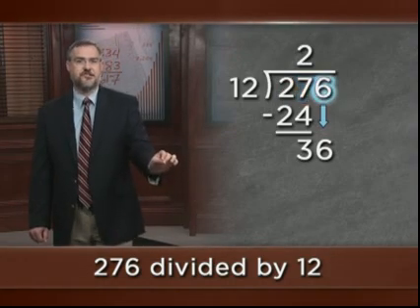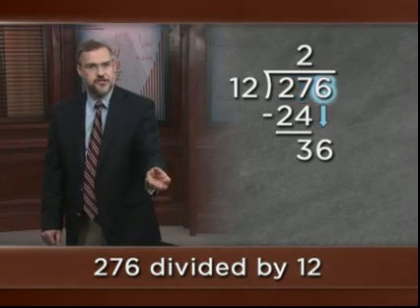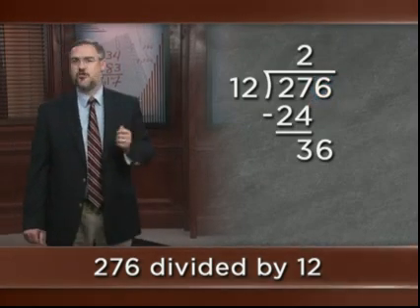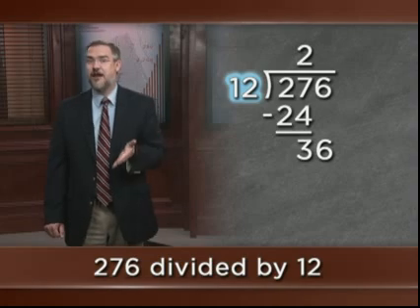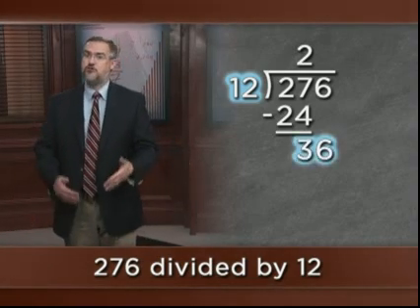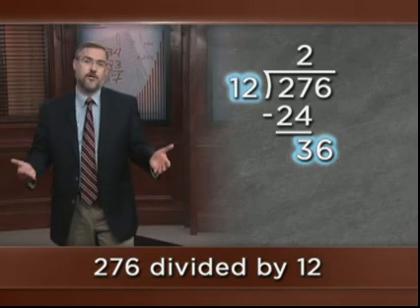We drop that 6 down, and now we have 36 at the bottom of our work, and we ask ourselves, how many times does the 12 go into or divide the 36? Well, if you know your multiplication facts, you know pretty quickly that 12 times 3 equals 36.